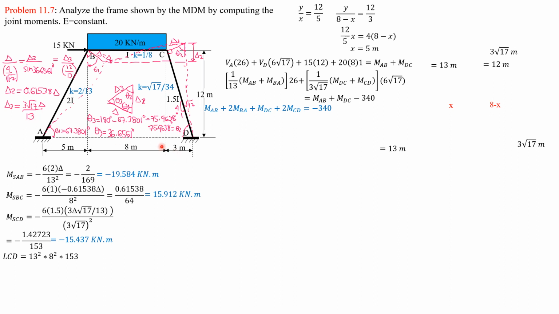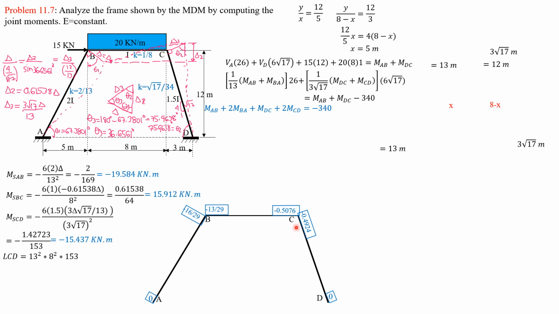Then the distribution factor at A, 0. Distribution factor at B is 2 over 13 divided by quantity 2 over 13 plus 1 over 8. And let's make it negative, so negative 16 over 29. Therefore, distribution factor for BC is 29 minus 16. So let's just make it negative, so negative 13 over 29.